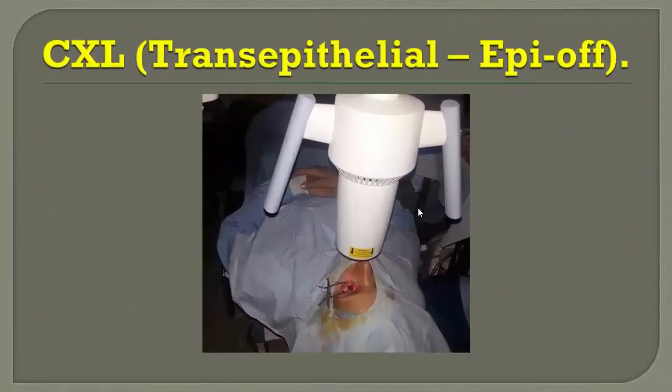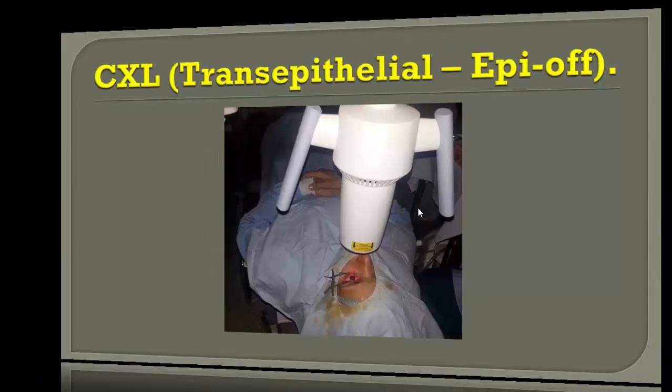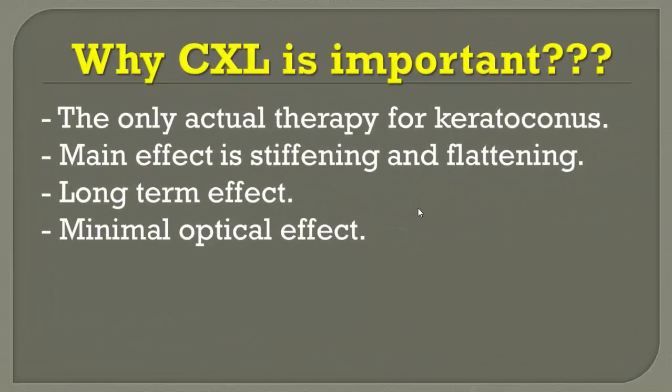Corneal collagen cross-linking by its types: transepithelial, without removal of the epithelium, or Epi-off, with removal of the epithelium. Why is cross-linking important? Corneal collagen cross-linking is the only actual therapy for keratoconus. Its main effect is stiffening and flattening by creating a reaction between collagen bundles, riboflavin and ultraviolet rays.